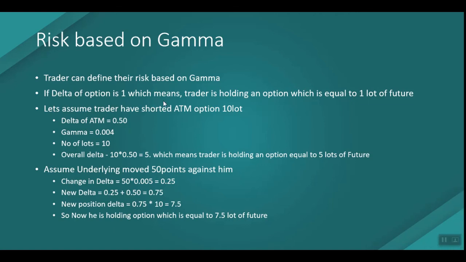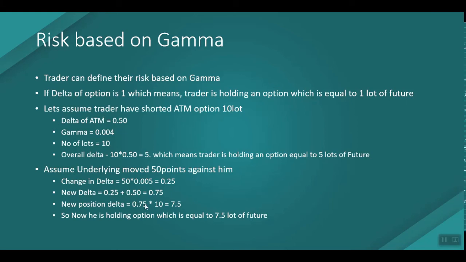Because your at the money option has now moved into the money, and in the money options will always have a higher delta than at the money, right? So this is the factor: while at the money options move into the money, the gamma effect will change the delta value to 0.75.